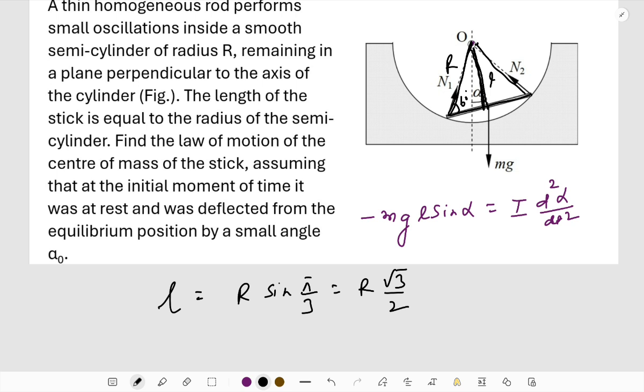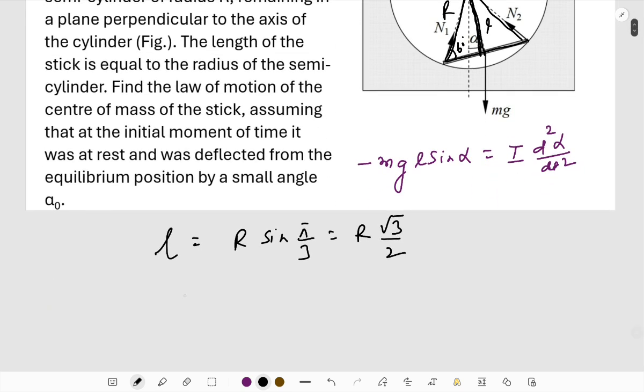And let's next find the moment of inertia of the stick relative to the specified axis passing through O. We can find the moment of inertia of this stick around the axis passing through O simply by using the parallel axis theorem. So our moment of inertia becomes ml square by 12 plus ml square.